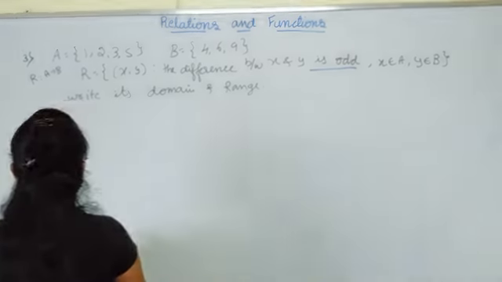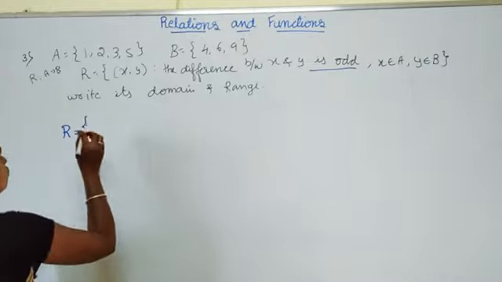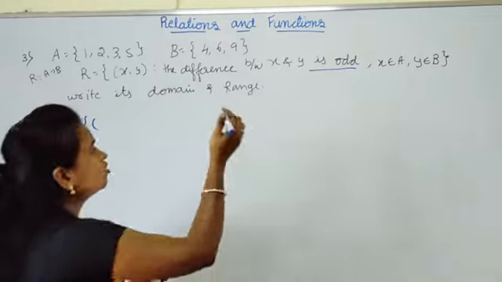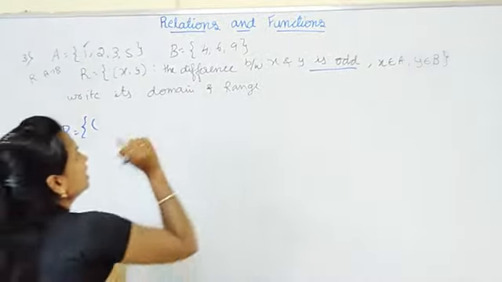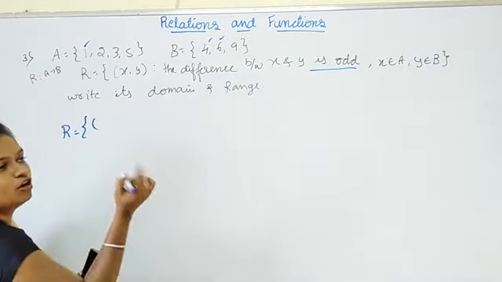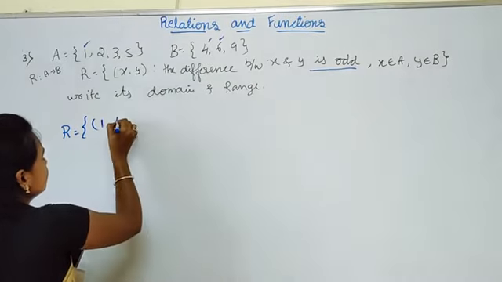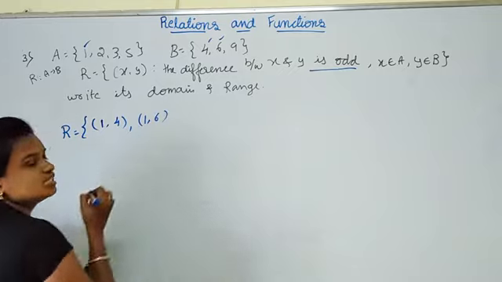So then I write this relation as R is equal to, first element x belongs to A, y belongs to B. If I take 1, since it is an odd number, y must be even, right? So if I take 1, we can take 4, or for 1 we can take 6.